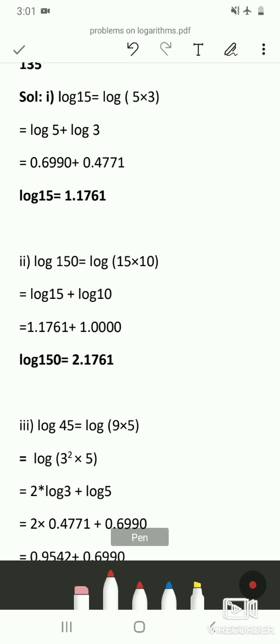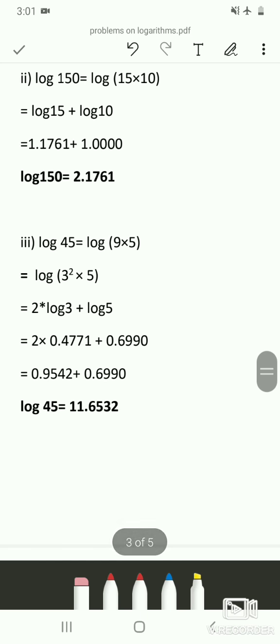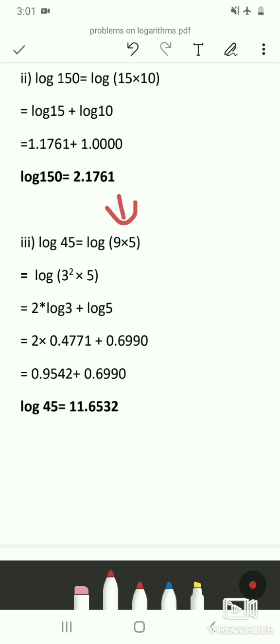So the third sub question is log of 45. So now log of 45 can be rewritten as log of 9 into 5, and we know that 9 is nothing but 3 square. Because we know the value of log 3, we can rewrite 9 as 3 square.